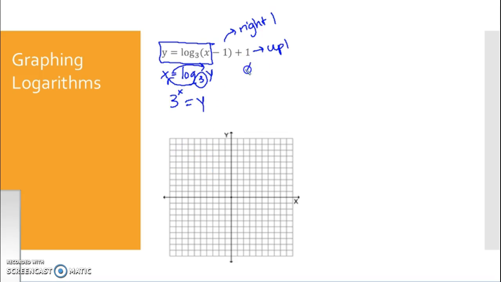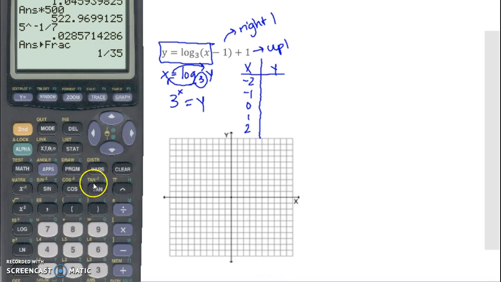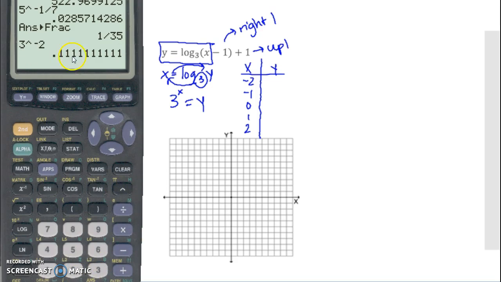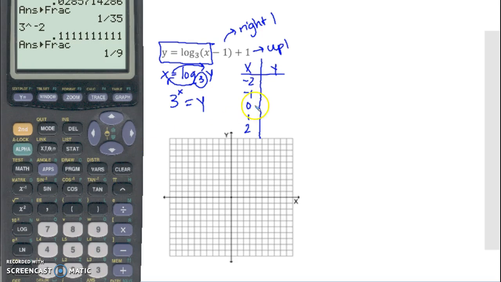So I'm going to make my table for 3 to the x. Okay, you're going to have a calculator, so if you can't figure this out, 3 caret negative 2, enter. I don't want a decimal, so math, enter. So we get 1/9.